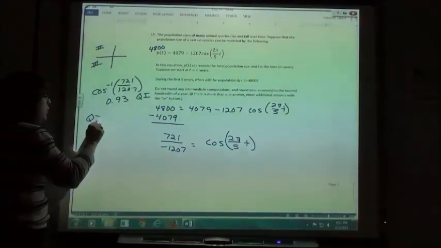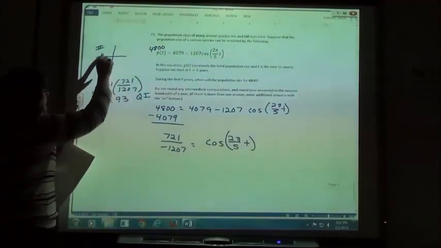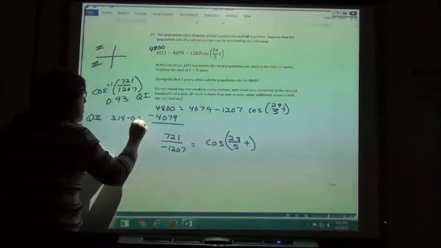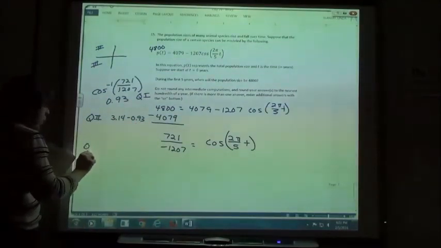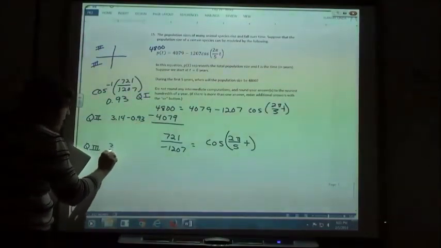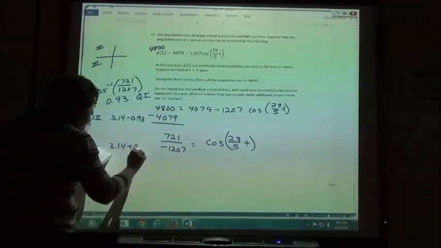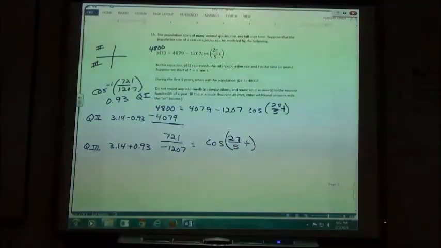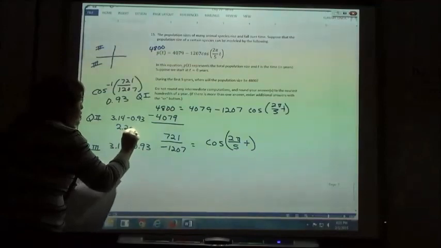So in quadrant 2, we are going to take pi minus our value. So 3.14 minus 0.93. In quadrant 3, we're going to take pi plus our angle. So 3.14 minus 0.93 gives me 2.21.